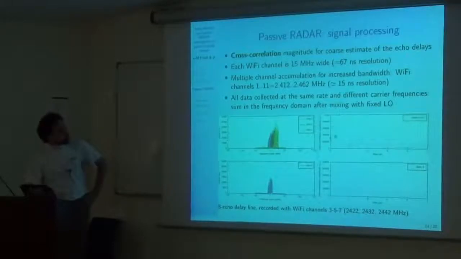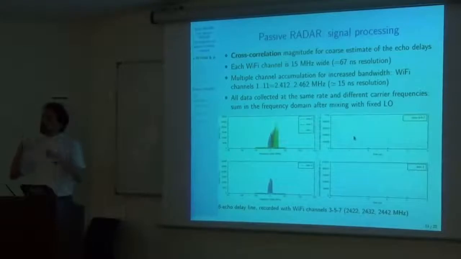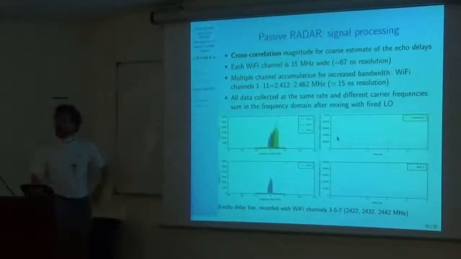And surely enough, you get again your 8 echoes, with a bandwidth that was multiplied by 3, because I collected 3 Wi-Fi channels. So I check here, indeed, my time resolution is the inverse of the bandwidth of the signal.